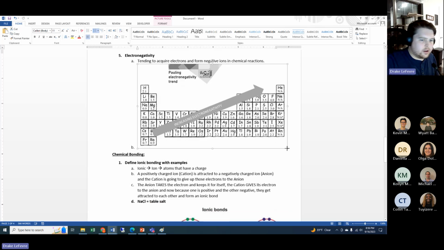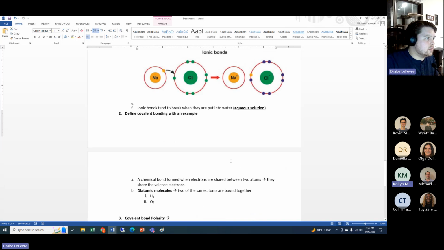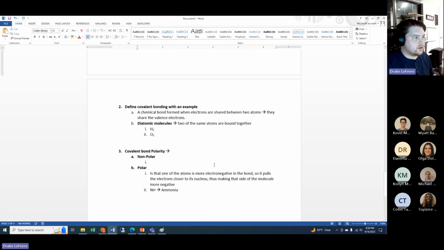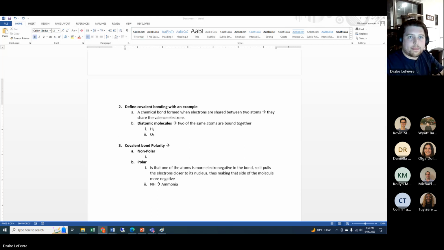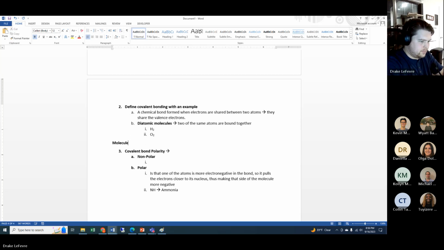Let me find a good picture that I know shows this really well. Also, I should say, when I say molecule, two or more different atoms bound together makes a molecule.